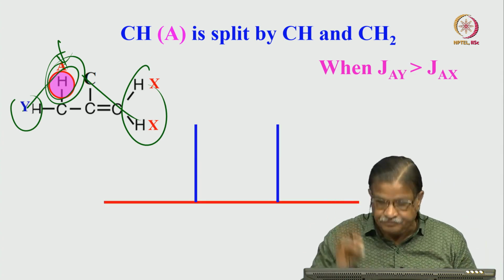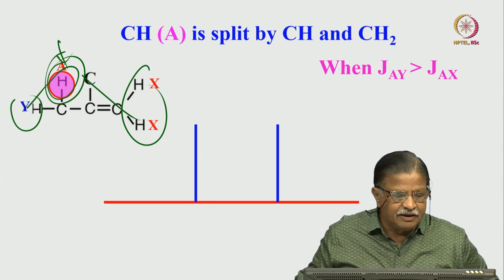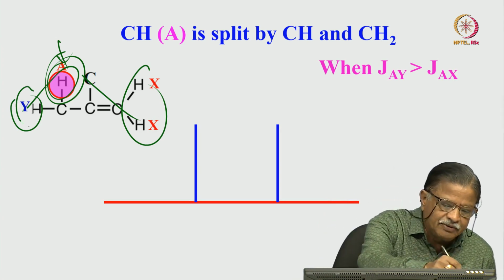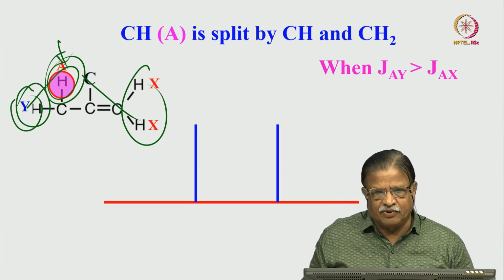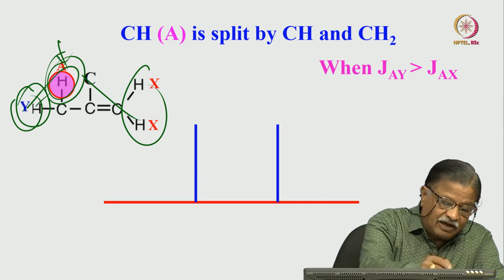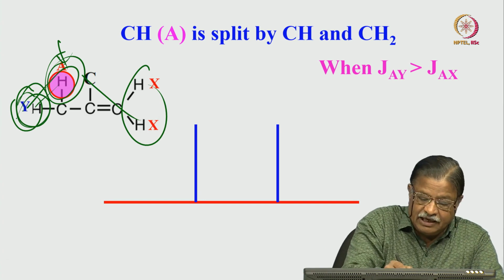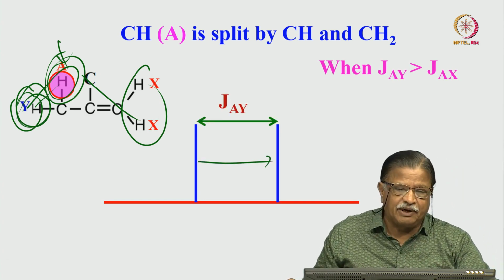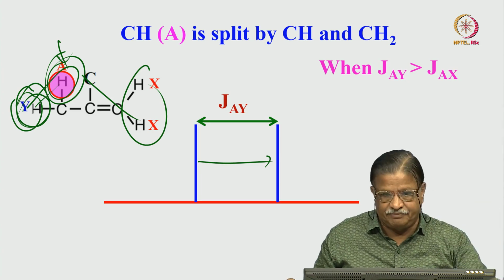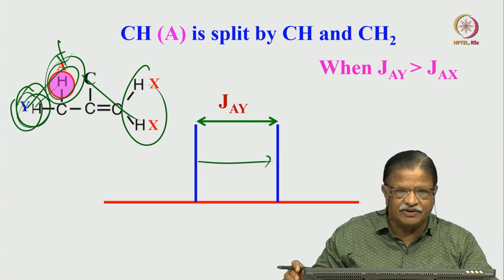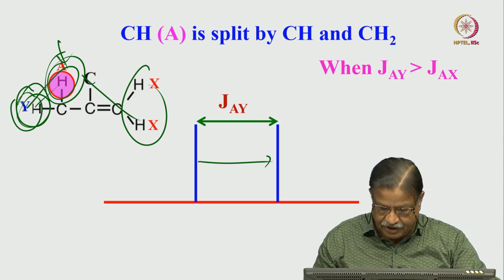We will see that. For example, the CH proton A is coupled to another proton Y. Because I said JAY is larger, first this single proton gives rise to a doublet, and the doublet separation corresponds to the JAY coupling. This one proton splits into 2 lines of equal intensity, half of the intensity each.